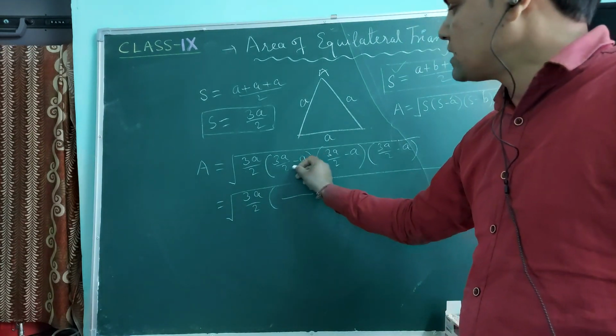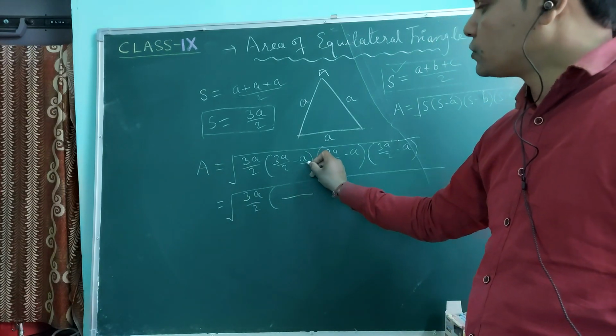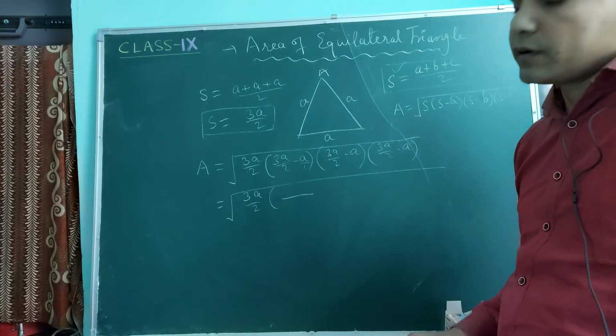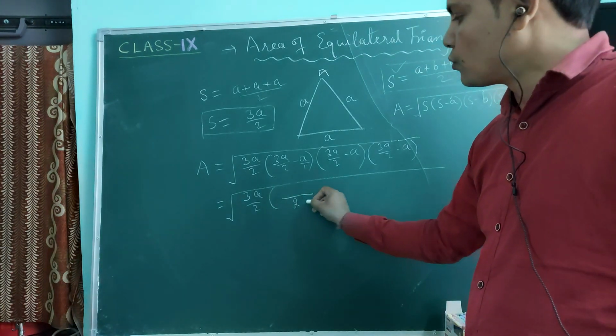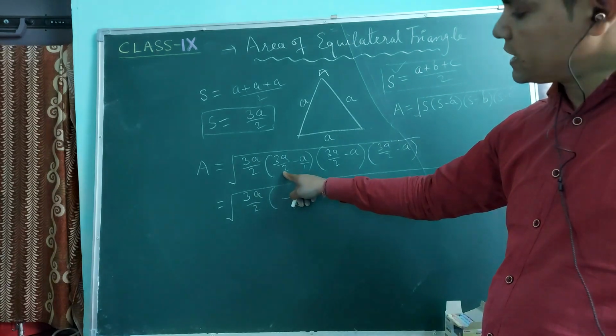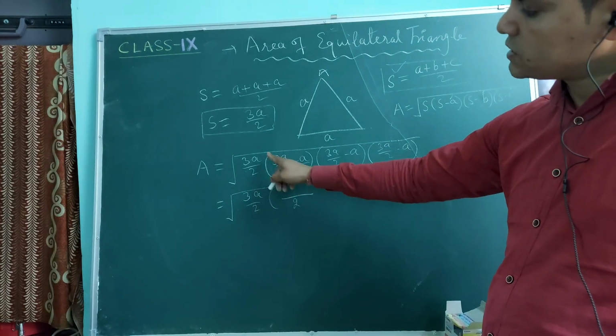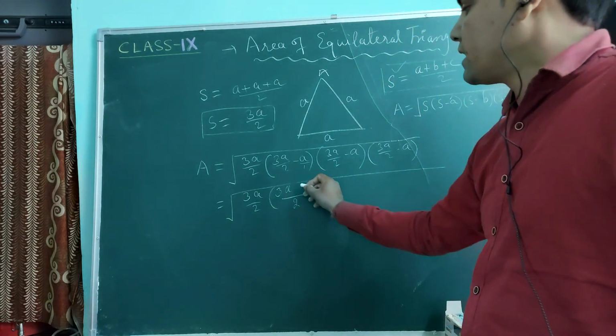What will be the LCM here? It is 2, and here there is nothing, so its denominator is 1. The LCM of 2 and 1 is 2, and if 2 is divided by 2, we get 1. Then 1 multiplied with 3A, so we get 3A here.